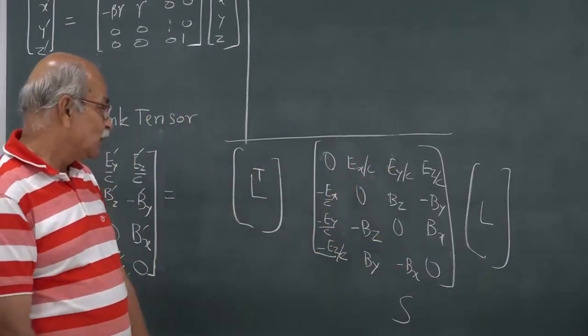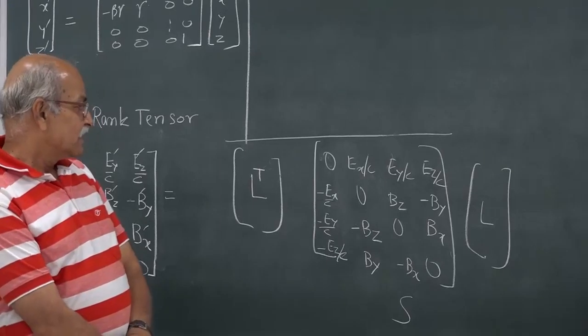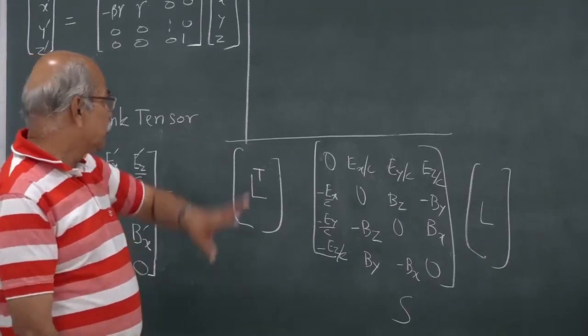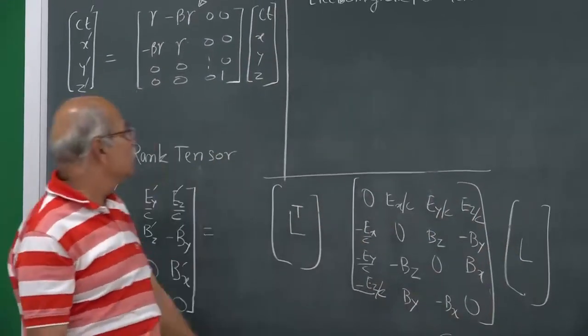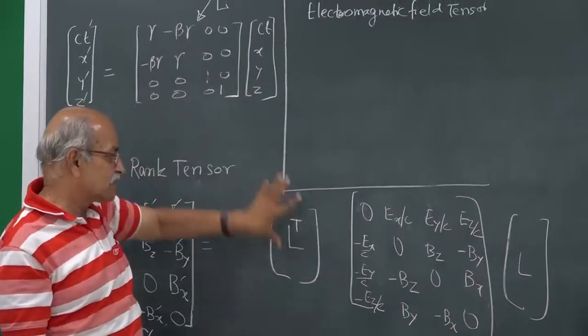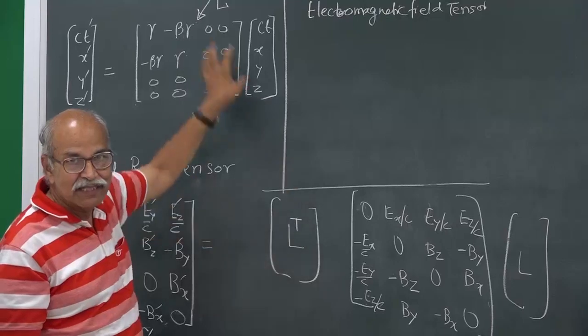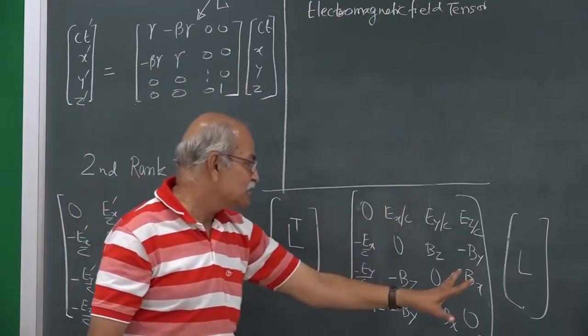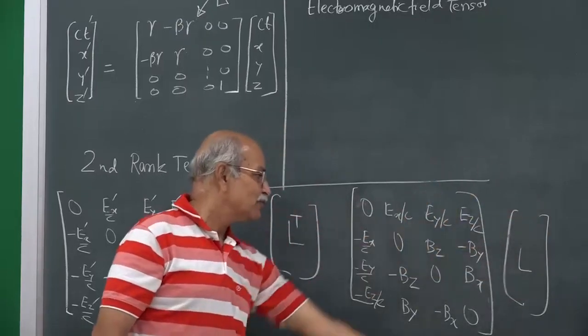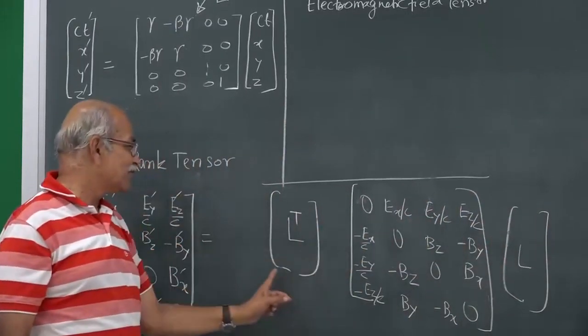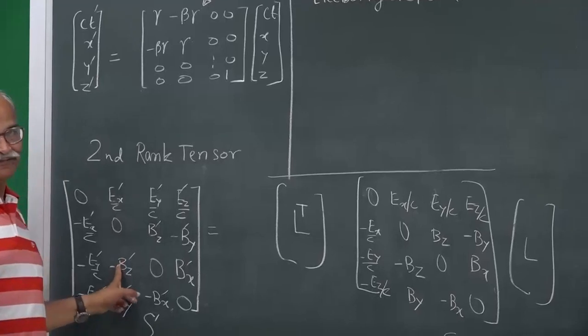Now, it so happens that if you put this Lorentz transformation matrix here, and this Lorentz transformation matrix here, the transpose is same as the original matrix, and then make a matrix multiplication, this 4 by 4 into this 4 by 4, you get a 4 by 4, multiply that by this 4 by 4, you will get this.